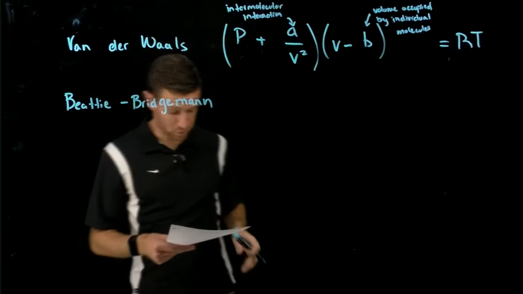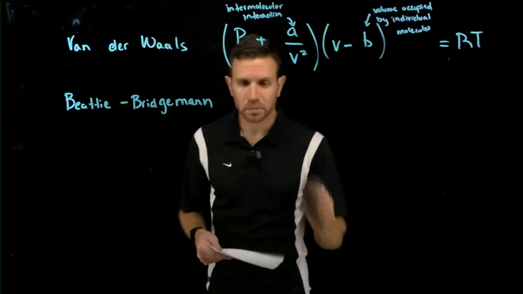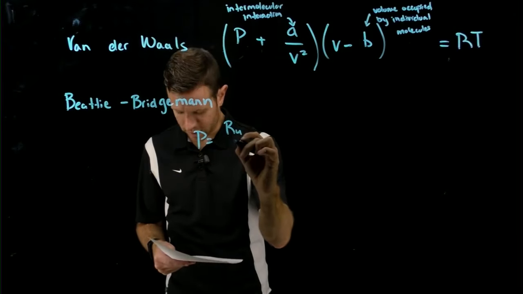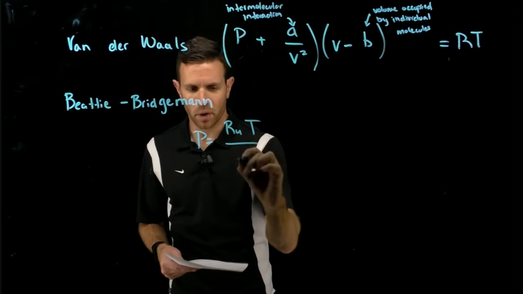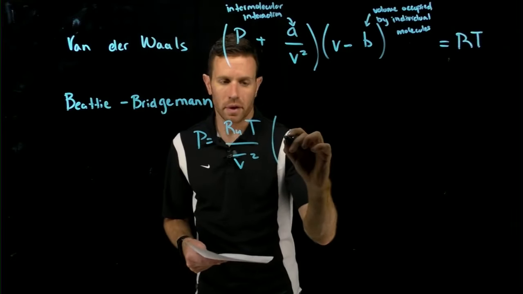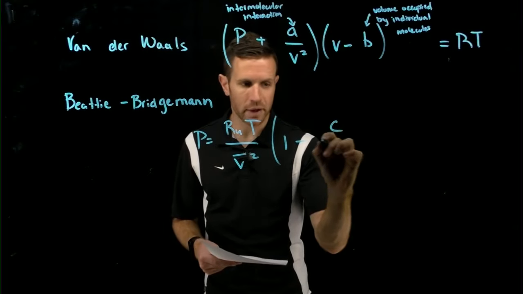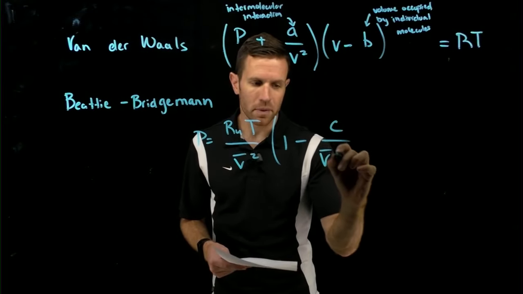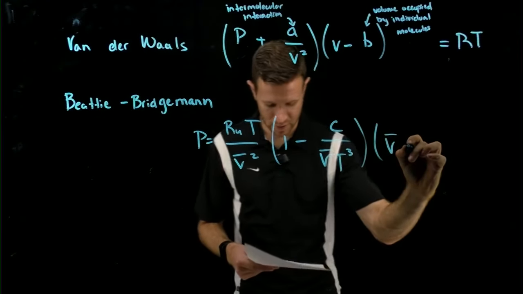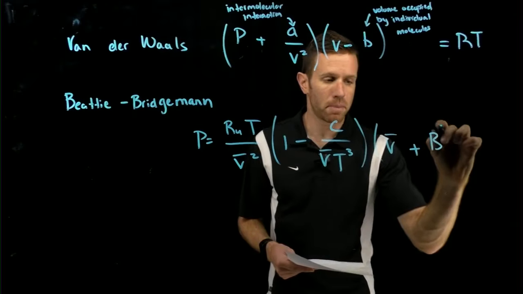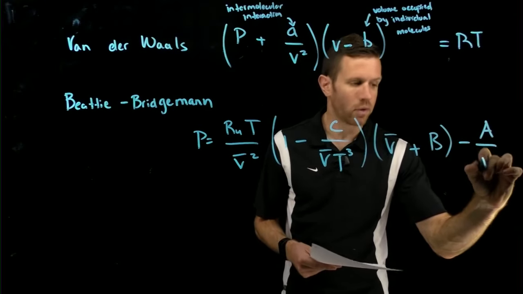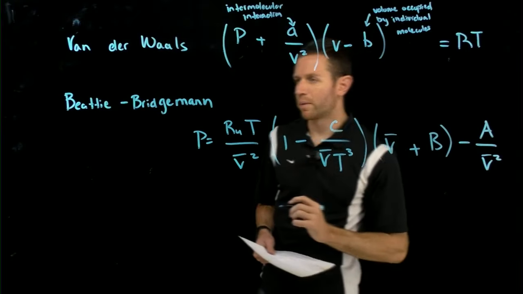Make sure I spell Mr. Bridgeman's name right. So here we have pressure equals the universal gas constant times temperature over V bar squared, times 1 minus a constant over V bar T cubed, times V bar plus another constant B, minus another constant A over V bar squared.